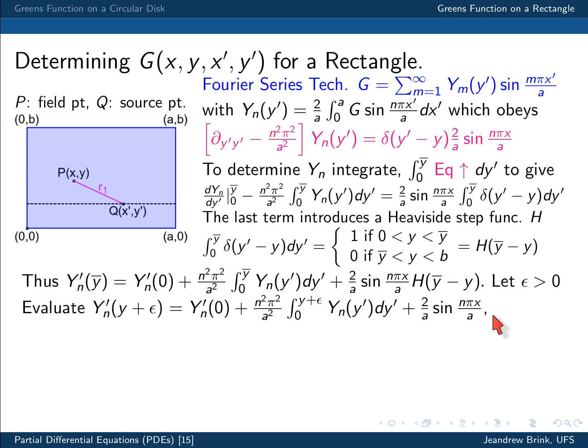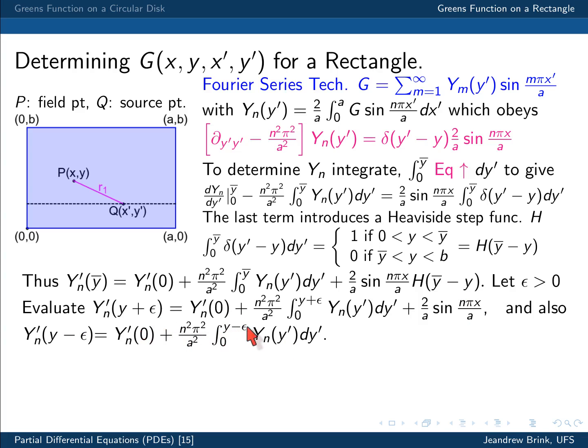Similarly, we can now also evaluate the same thing at y minus epsilon. These two terms are the same except that our integration bound has changed, and this Heaviside function evaluates to 0 because y minus epsilon minus y is minus epsilon, which is less than 0, which basically means it vanishes.